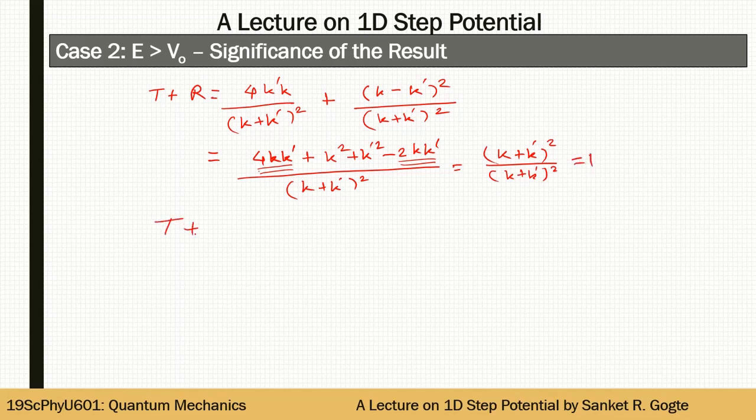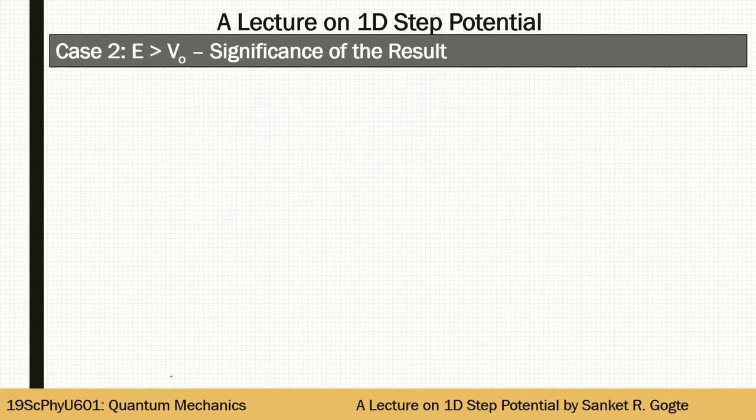So here we can have a first check whether we have derived r and t correctly or not. So this is our first significance of the result. Now the second significance that we can have from here is this. For that, let me write the equation for r.